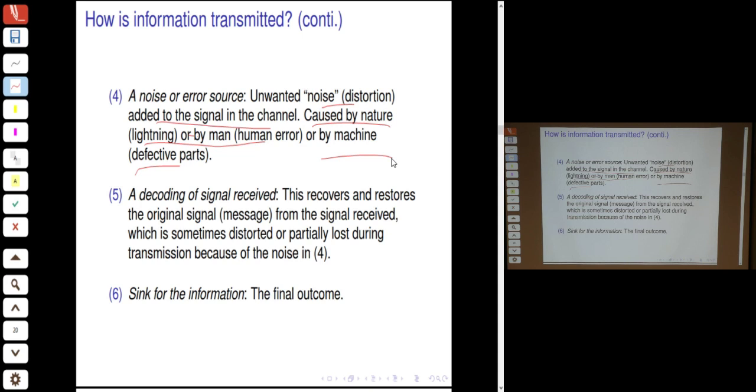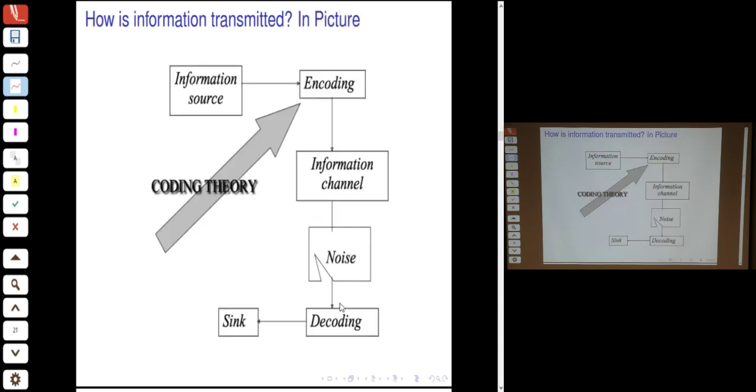The problem is that this signal is sometimes distorted or partially lost during transmission because of these noises and human errors. And the sink for the information is the final outcome. This entire process can be summarized in the form of a flow chart. So this is the information source. Here you encode this information source, the original information, into a signal.